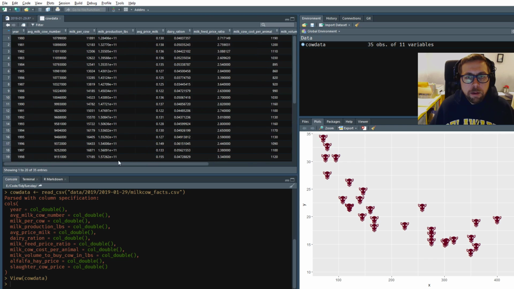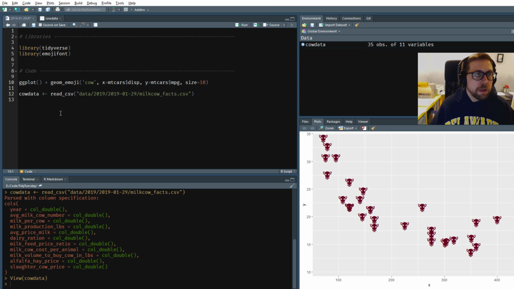So let's just have a look at some of this data. How about the milk per cow and see if it's getting larger? So are we getting more milk out of each cow as the years go on?